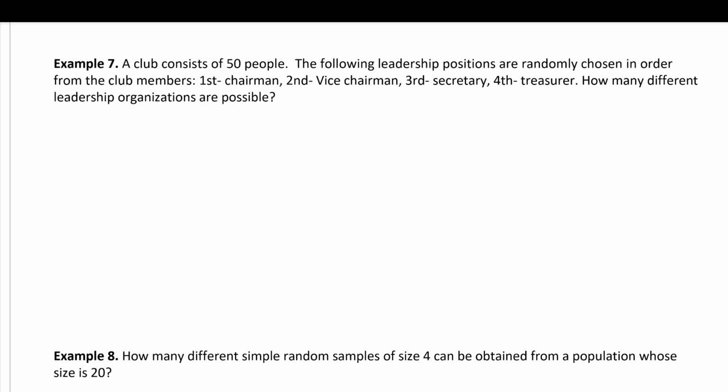Okay, so we have 50 to choose from, and we're trying to assign 4 positions, right? So we're making 4 decisions, essentially. Now, let's ask ourselves, does order actually matter in this case? Well, yeah, they're given specific roles, so order matters.